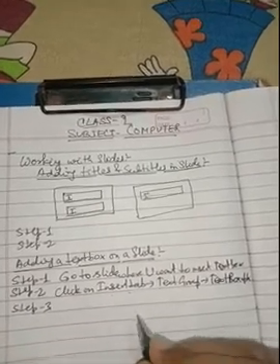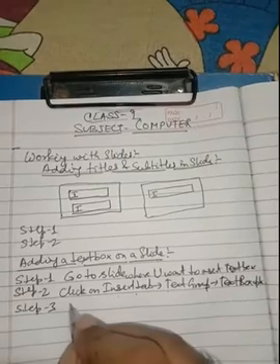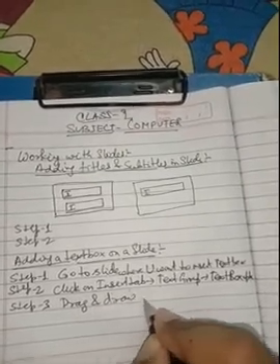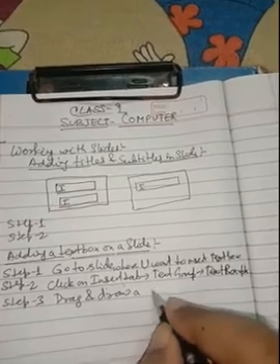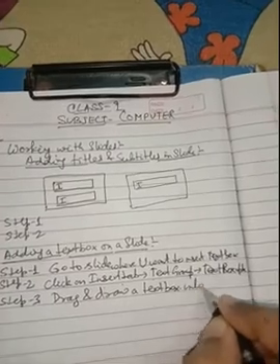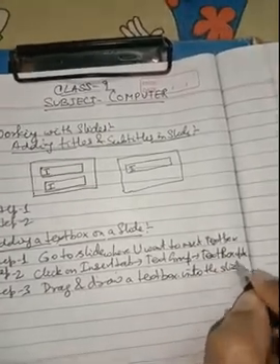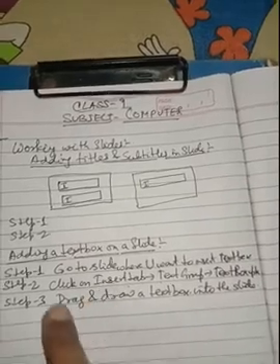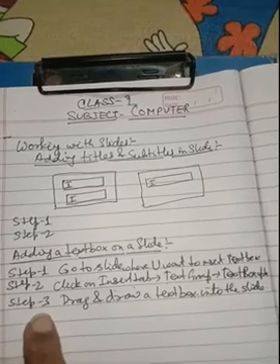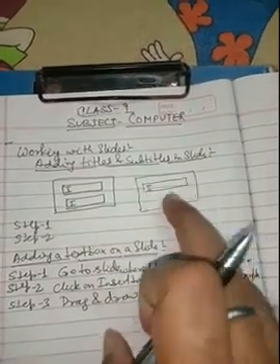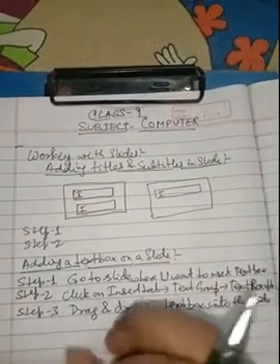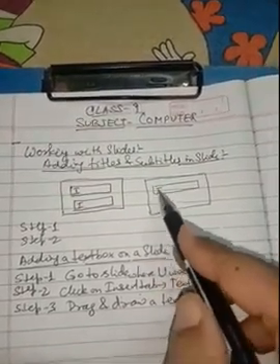So drag and draw a text box into the slide. The text box will appear like this, where you can insert your points. So this is a method of inserting the text box in a slide.